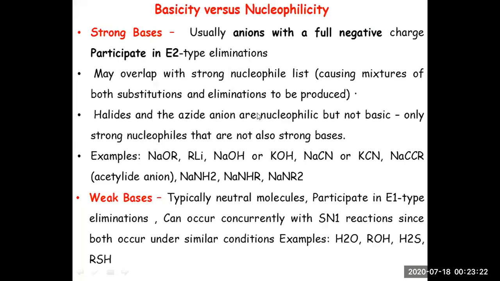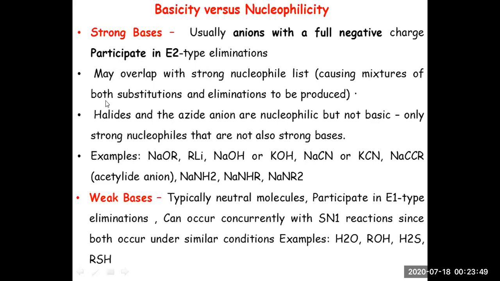So let us talk now about the basicity and nucleophilicity of any ion or molecule. Many times we get confused whether a given species will be a base or whether it acts as a nucleophile. If it is a base, then it brings about an elimination reaction, and if it is a nucleophile, then it will bring about the substitution reaction.